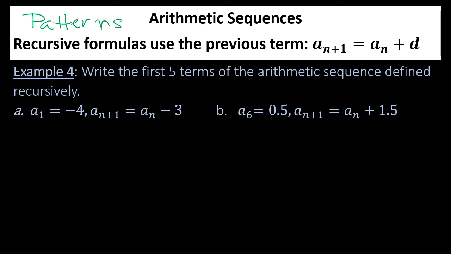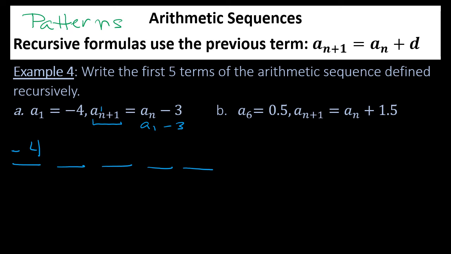If our first term is negative 4, so if I want to write my first 5 terms, 1, 2, 3, 4, 5. My first term is negative 4. And this says my next term, okay, so this means if I plug in 1, my second term equals my first term minus 3.